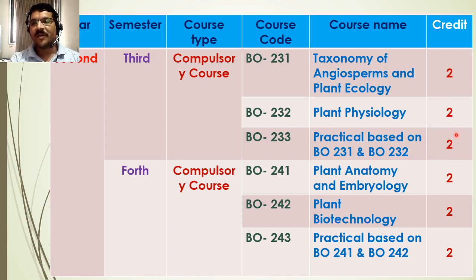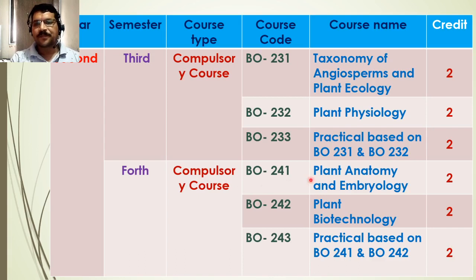It was only 1.5 in FY B.Sc. The fourth semester also has a similar structure of credits. There are also 3 subjects, that is 2 theory subjects and 1 practical subject, but each practical subject in second year is of 2 credits instead of 1.5 credits. So this is the difference between FY and SY Botany.